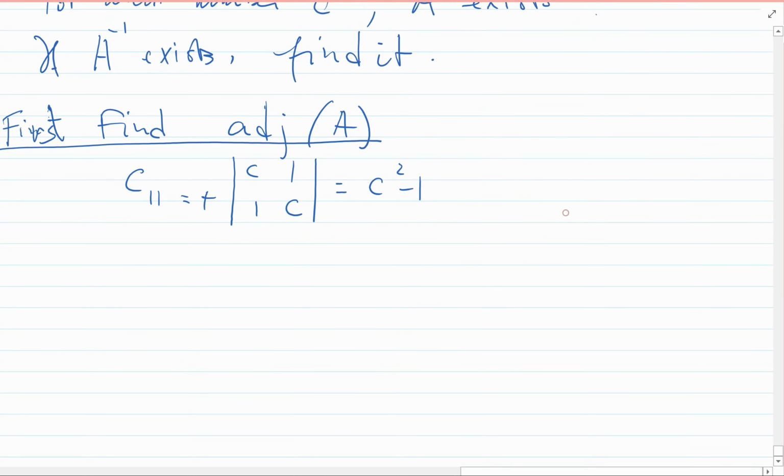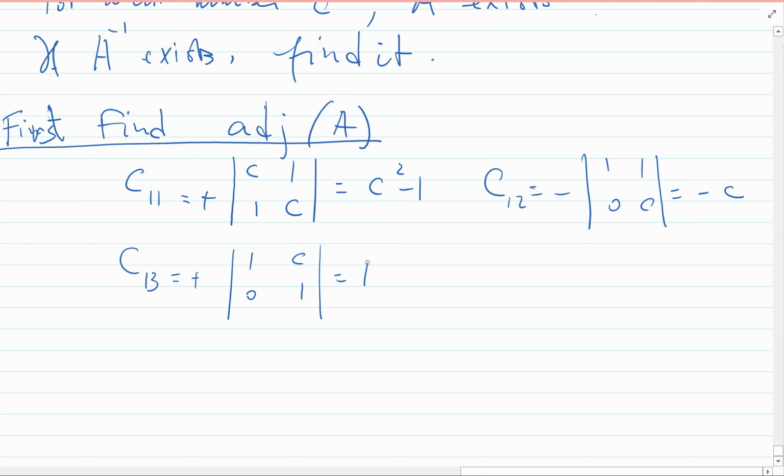Next, C12 is minus 1 to the power 3, times the determinant of (1, 1; 0, C), and that's going to be minus C. C13 is minus 1 to the power 4, plus, the determinant of (1, C; 0, 1), which is 1 minus 0, so 1.